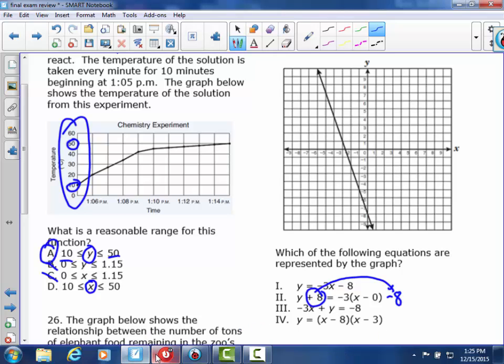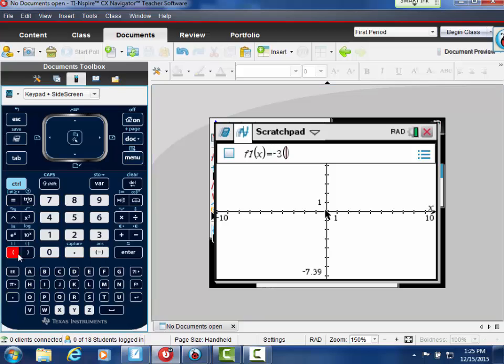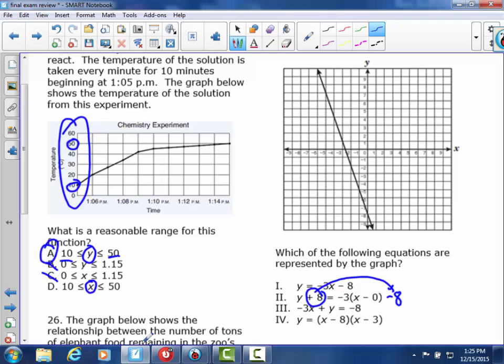So that's going to be negative 3, parenthesis, x minus 0, close parenthesis, and then it was minus 8. And I do my checking versus the picture and find it's the same one.